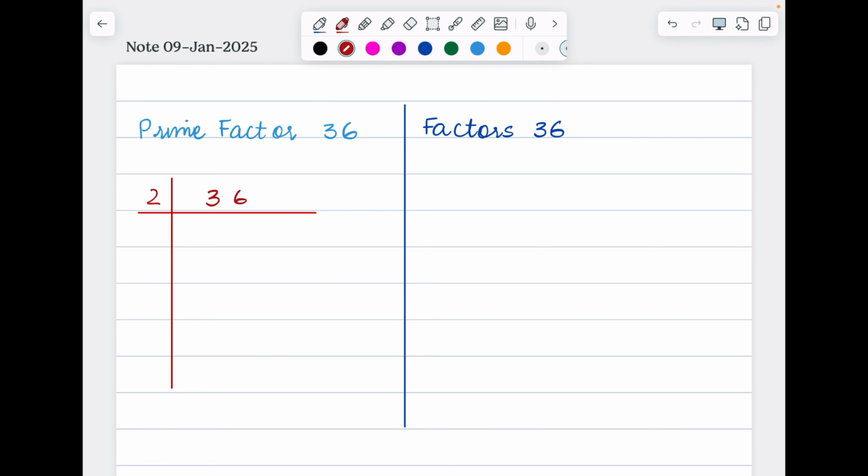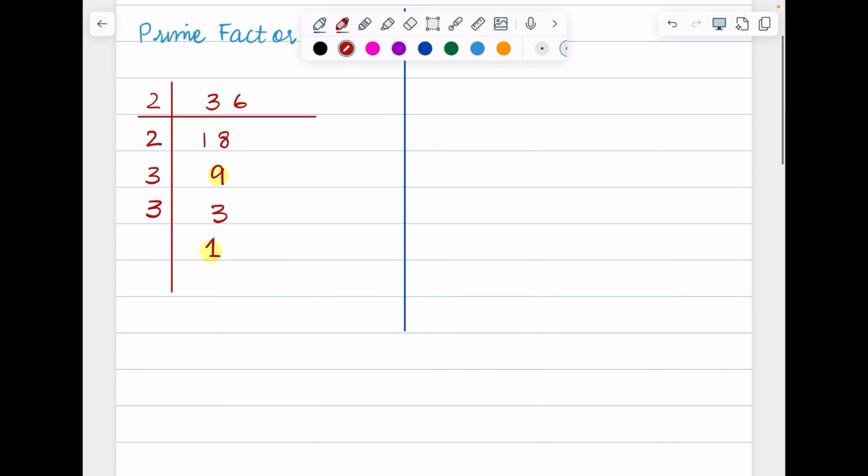Okay, and I'm going to divide it. So 36 divided by 2 is 18, and that comes here. Once again 2 can be divided again, so that's going to give me 9. Now 9 is no longer divisible by 2, but 3 is. 9 is divisible by 3 and 3 is a prime number, so that will give me 3 and then another 3 to give me 1. As soon as you get 1 at the end, your answer is complete.